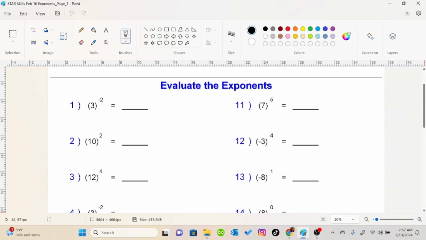So you need to know that a negative exponent equals 1 over. Okay, it means to have the inverse.